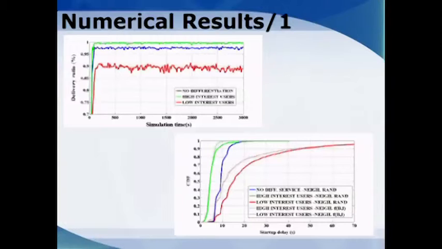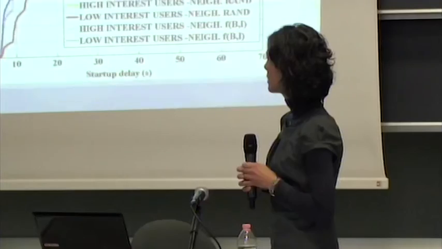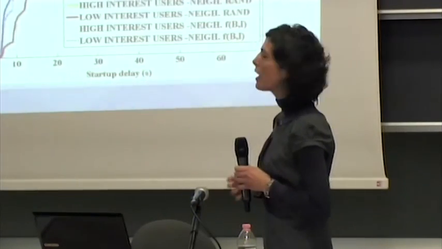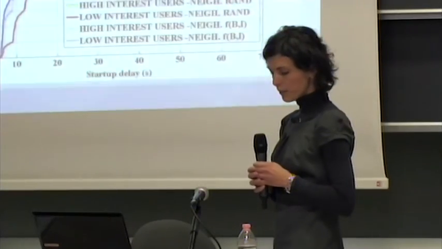Next, I computed the distribution of the startup delay, that is the interval between the point in time a peer joins the system until the playout begins. The graph reports such distribution for two different neighbor construction algorithms: random, and the one I proposed based on both bandwidth and interest.